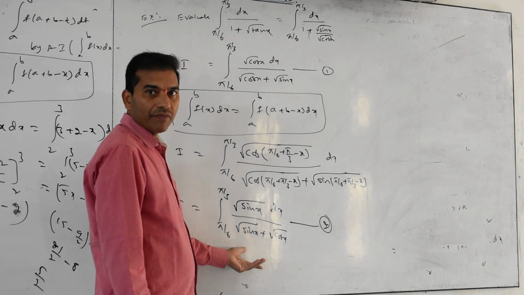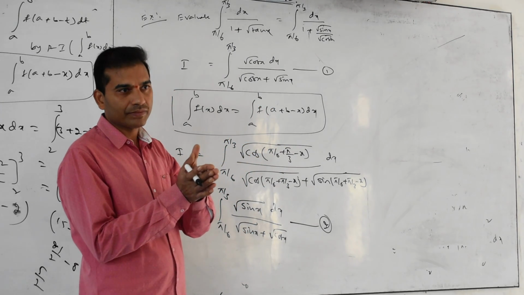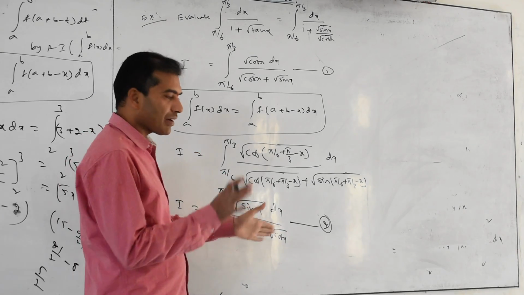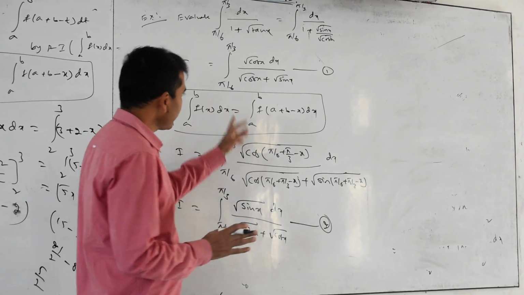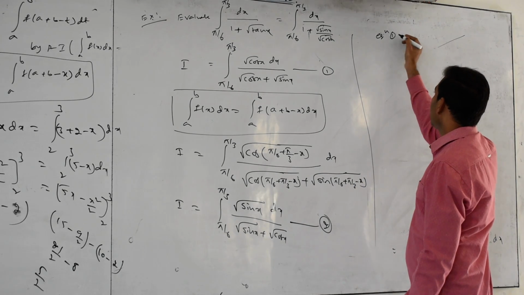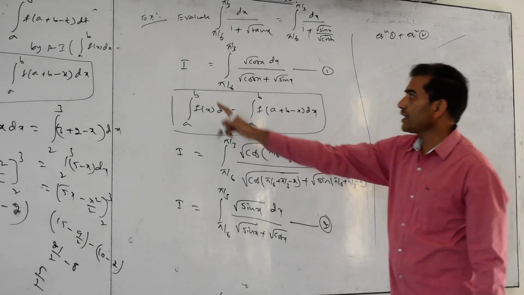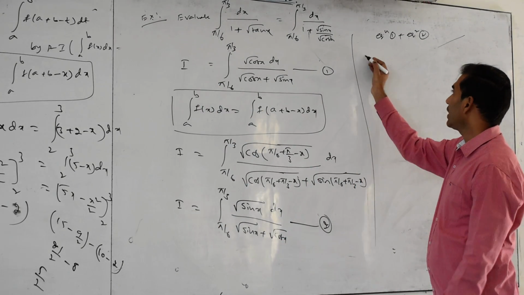Is the denominator the same or not? When the denominator is the same, then both integrations we can add. If the denominator is not the same, we can't add them. So the denominator is added here. When you add equation 1 plus equation 2, the left side is I plus I, 2I.